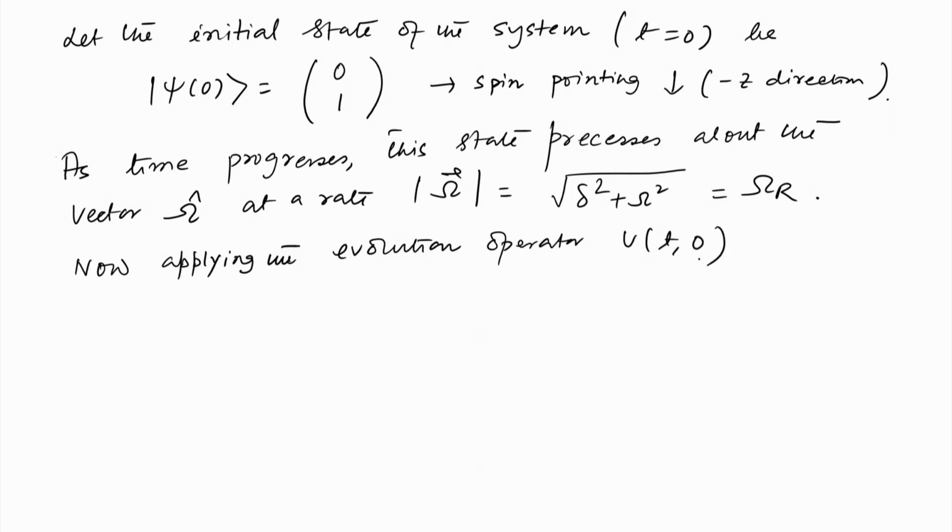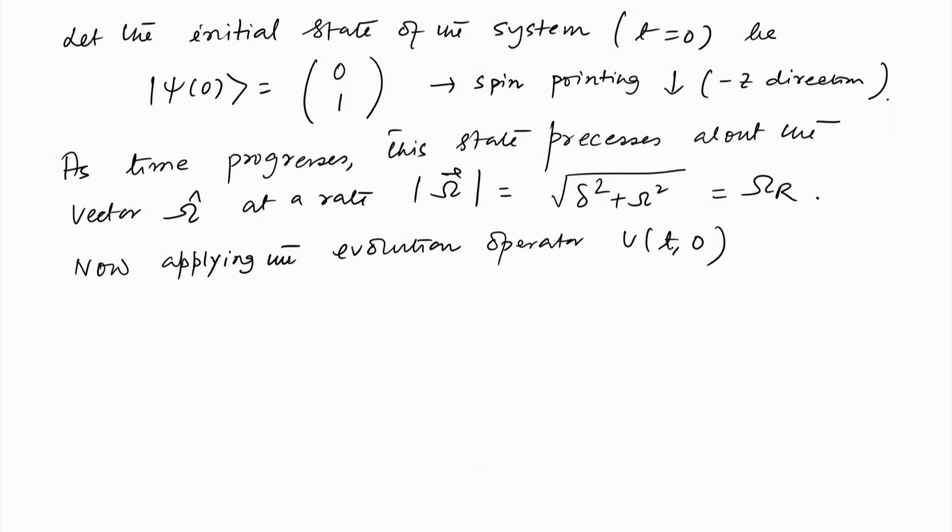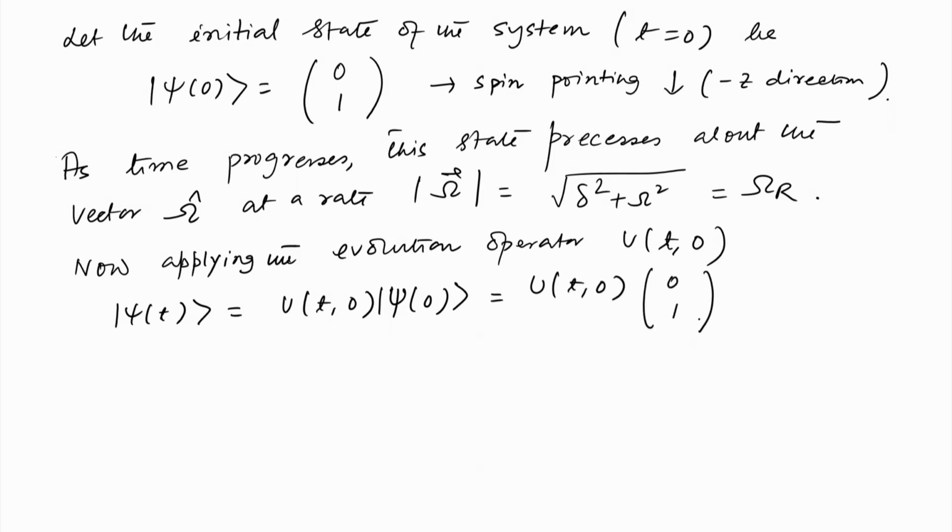This notation of having 2 time indices is that the initial time is 0 and the final time is t. It could be t prime also, where the initial time is t prime. So, I have psi of t, which is equal to U(t, 0) psi of 0, which is equal to U(t, 0) acting on the spinner (0, 1).